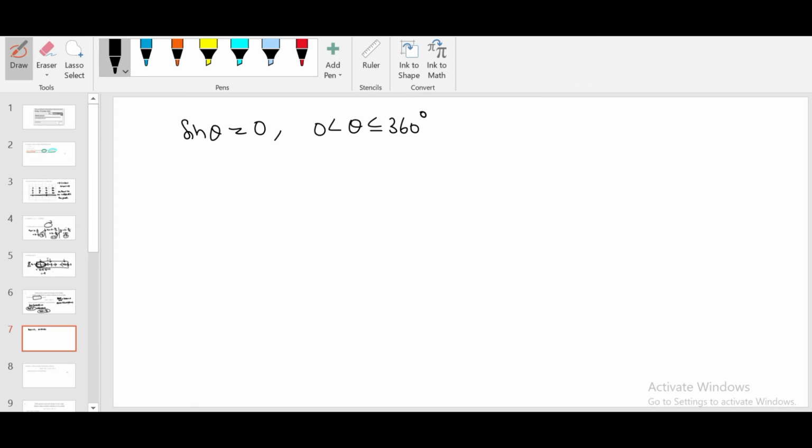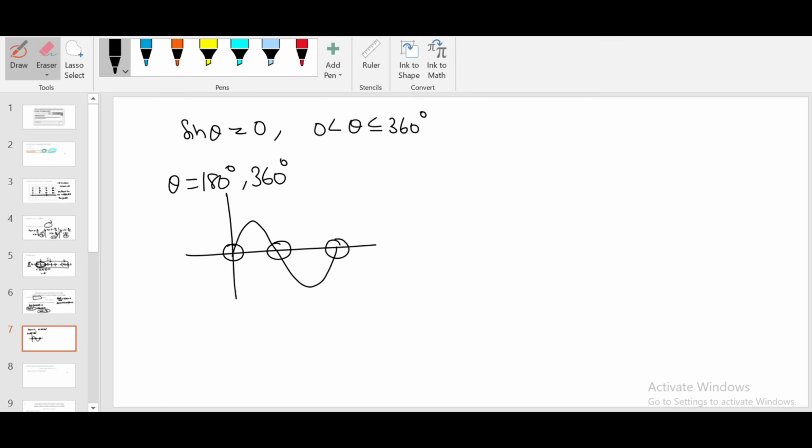For this one you don't need the CAST diagram and all. If you look at the sine graph, sine will be 0 at 0, 180 and 360, but 0 is not included, so you just take 180 degree, 360 degree for the first one.